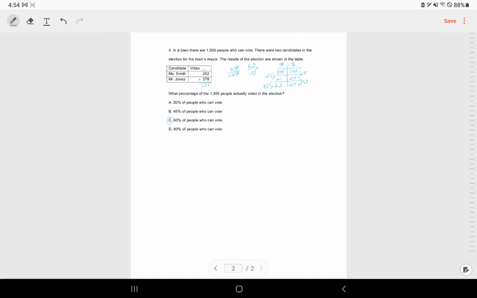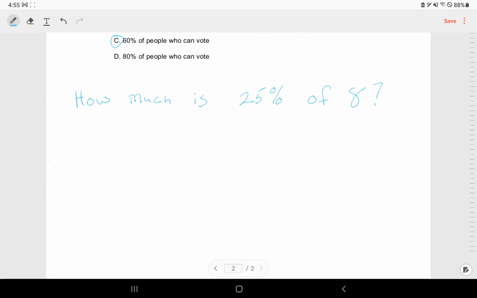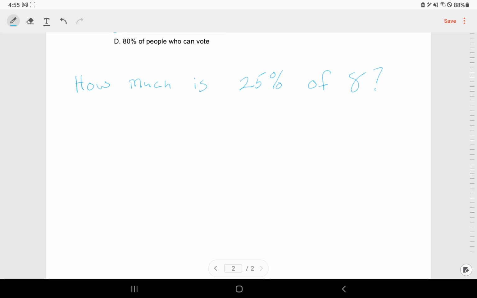And all right, and so now there's one more question that is showing up on EdSite that wasn't showing up on the pre-made quiz. So I put the gist of it right here. So how much is 25% of 8? So, same idea.